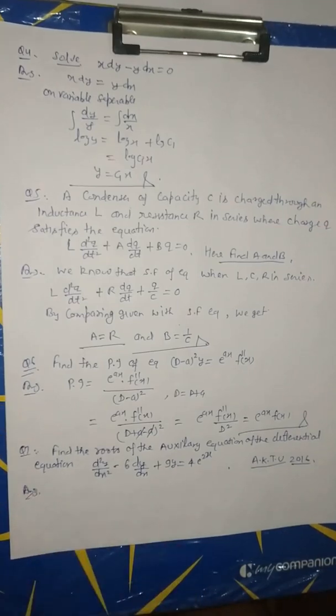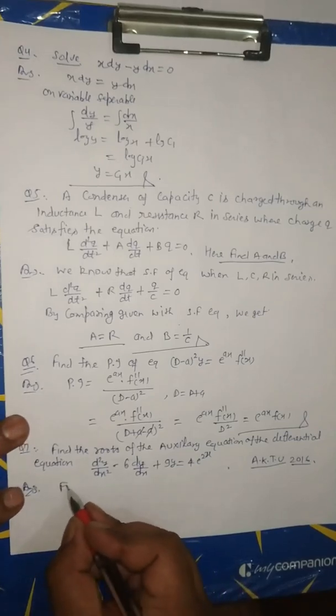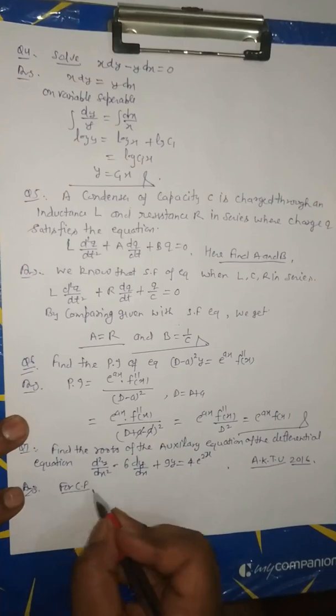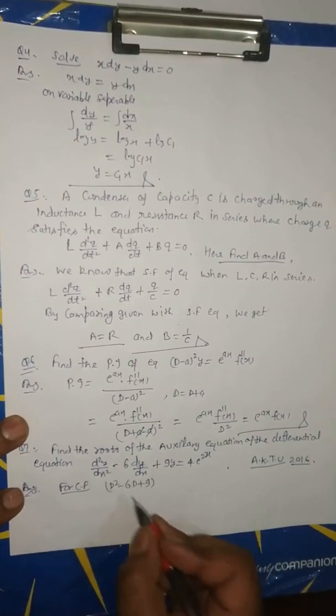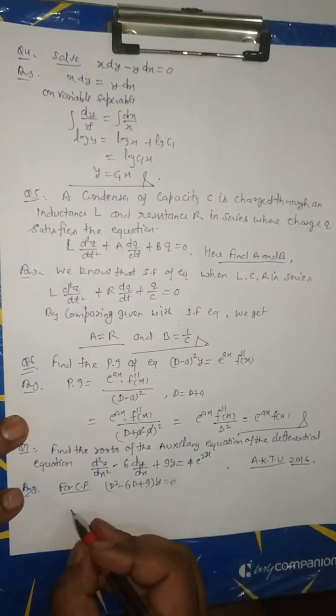Now answer. Here we only need the auxiliary equation, the root of the auxiliary equation. Now for CF, (D square minus 6D plus 9) y equal 0.